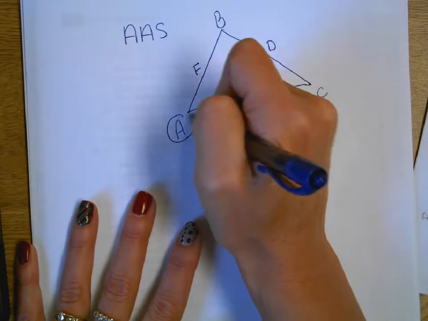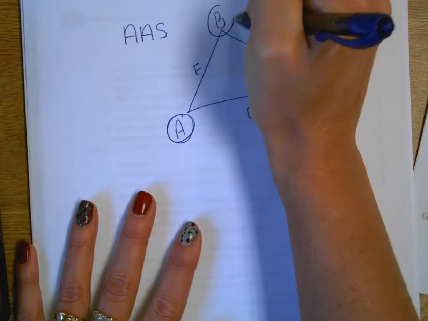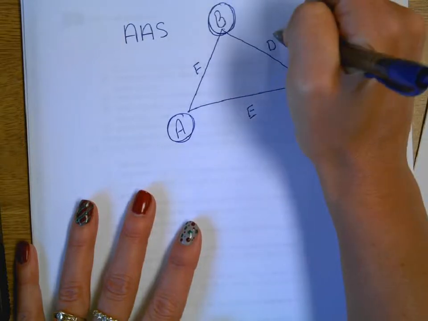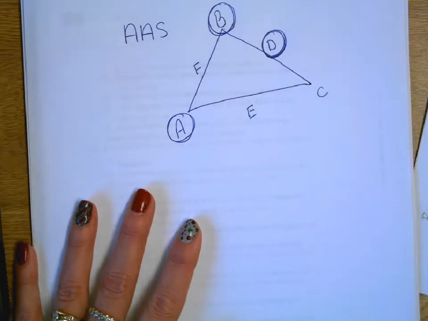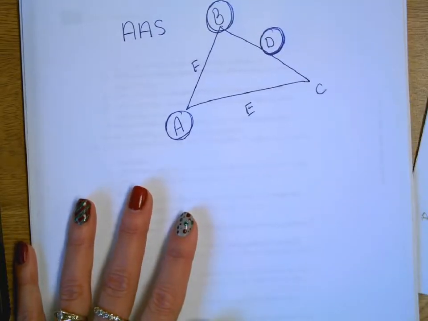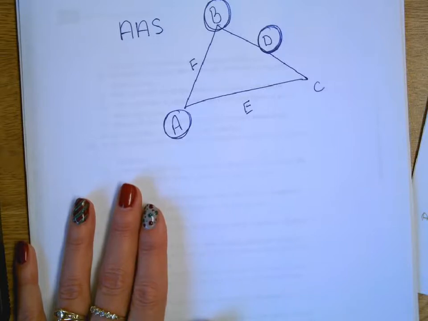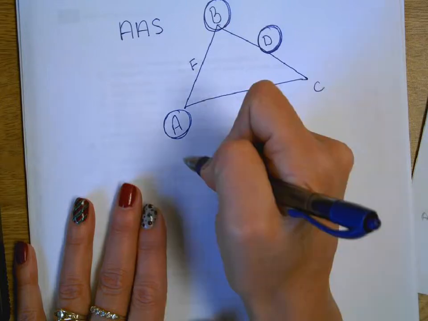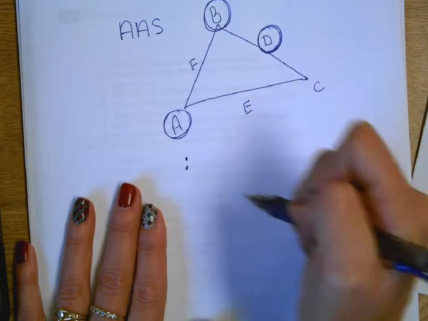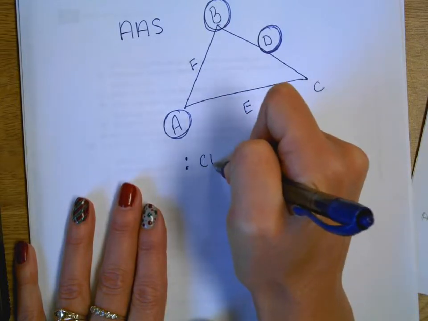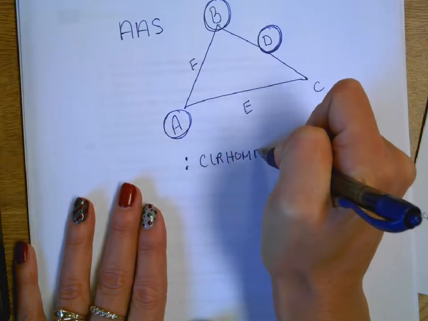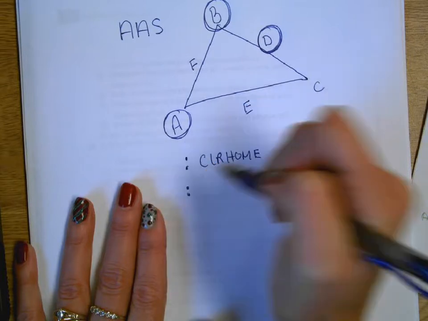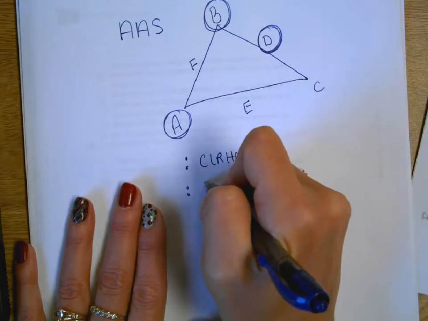So we're going to know A, we're going to know B, and we're going to know D. Okay, let's write out the first 3 input lines, and then we'll stop and type them in. Clear home. Okay, input.